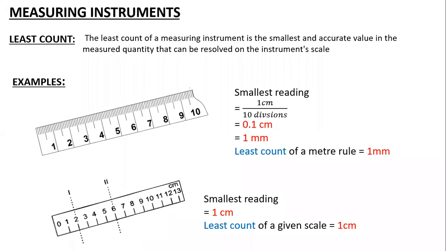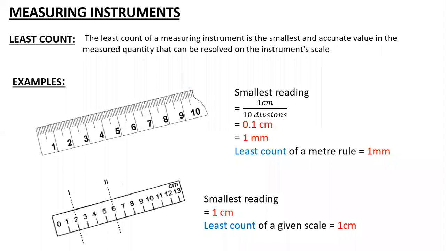So it's not fixed that the least count should always be 0.1 centimeter or always 1 centimeter. It will differ as per the instrument. As the instrument differs, its scale will differ, and if the scale differs, then obviously its least count will also differ.